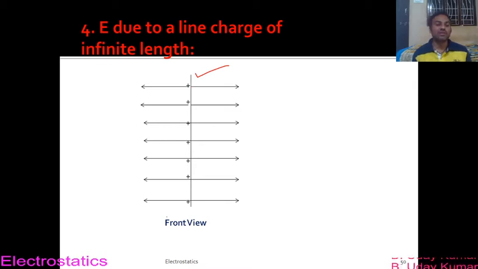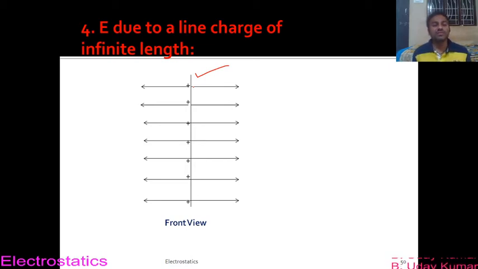This is the front or side view. If I see this line charge from the side or front, the electric lines of forces are seen like this. Remember, the electric lines of forces are not just traveling towards right and left; they are directed outwards, in all the directions.